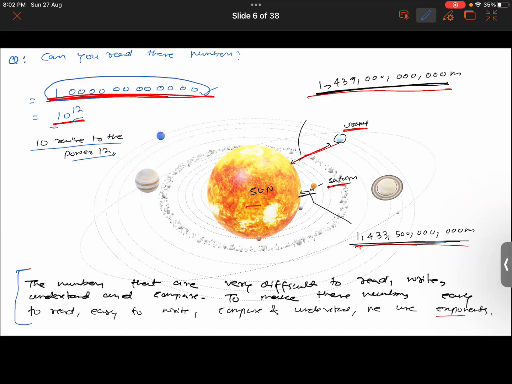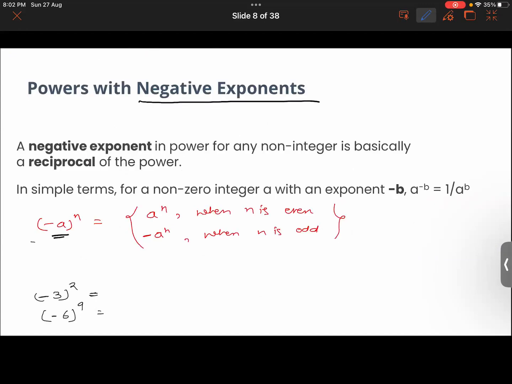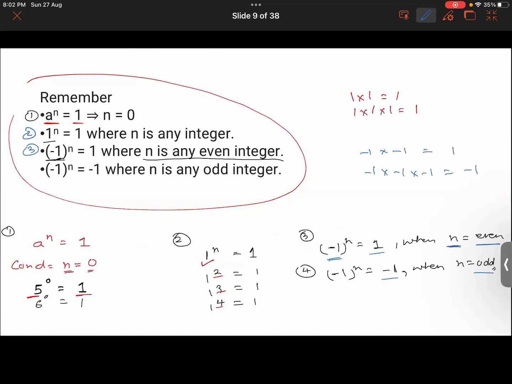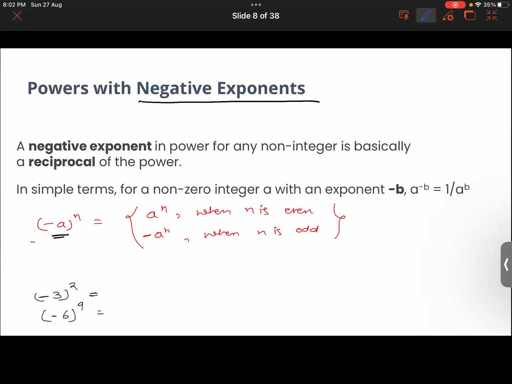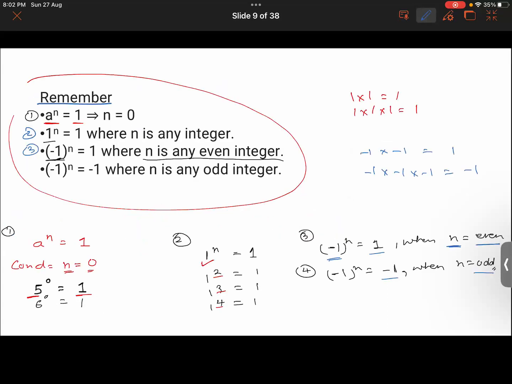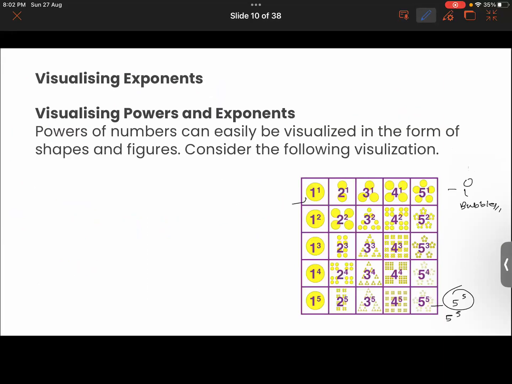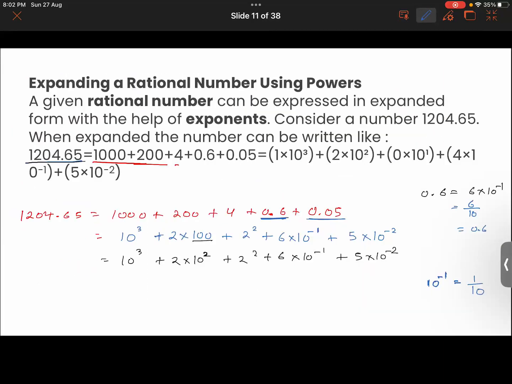Getting it? Write these things and then write the rules. The first rule is this one. You will write this rule and then this rule. These two things you will write in your notebook. No need to draw this table here.